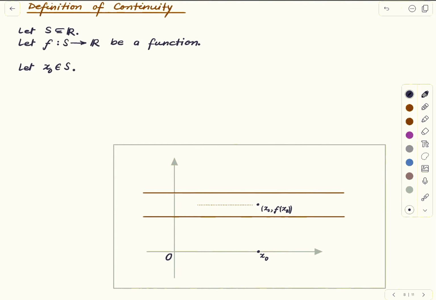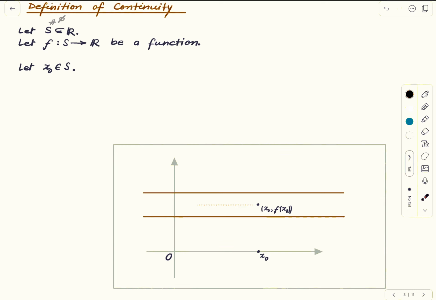Yeah. So what is the definition of continuity? Oh, this will be hard to explain very well, but I have to try. So fix a subset S of R, and of course we are assuming this is a non-empty set.